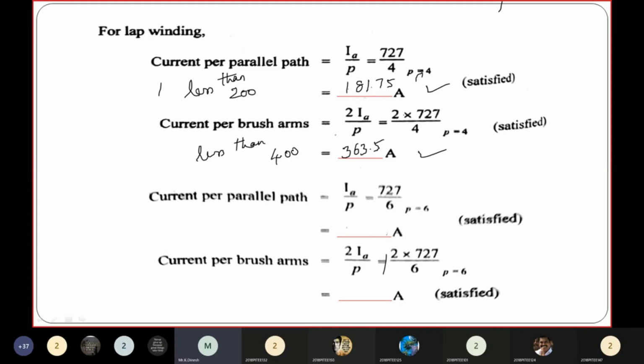So when P equal to 6, IA by P is 727 by 6. You may get 121.16.